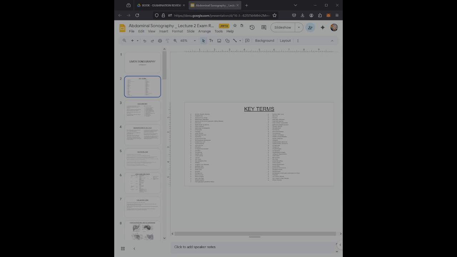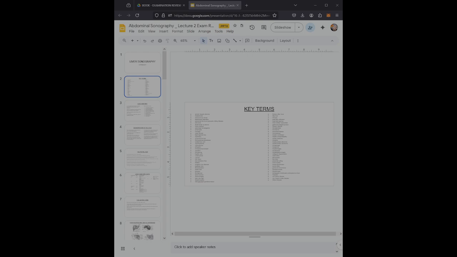Hepatic candidiasis is a hepatic mass that results from the spread of fungus into the liver. Hepatic encephalopathy, this is a condition in which a patient becomes confused or suffers from intermittent loss of consciousness secondary to the overexposure of the brain to toxic chemicals that the liver would otherwise remove from the body.